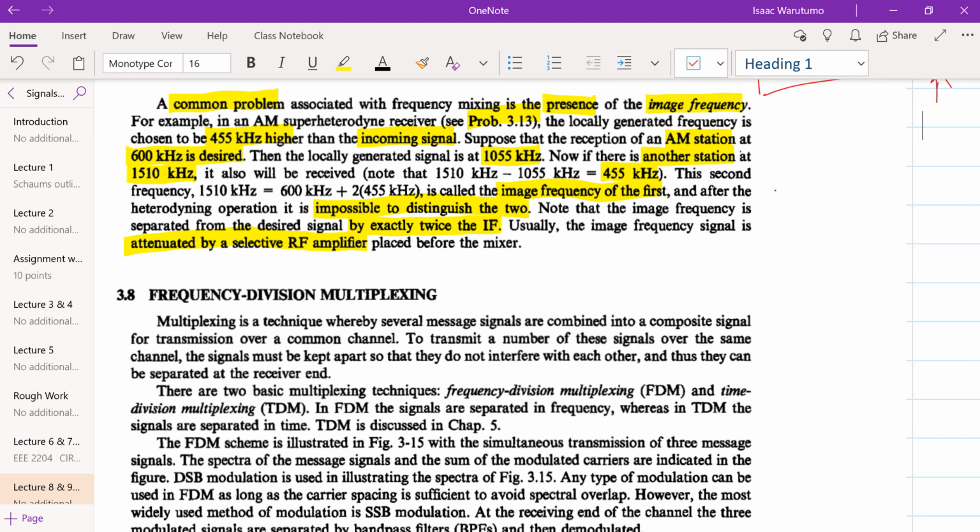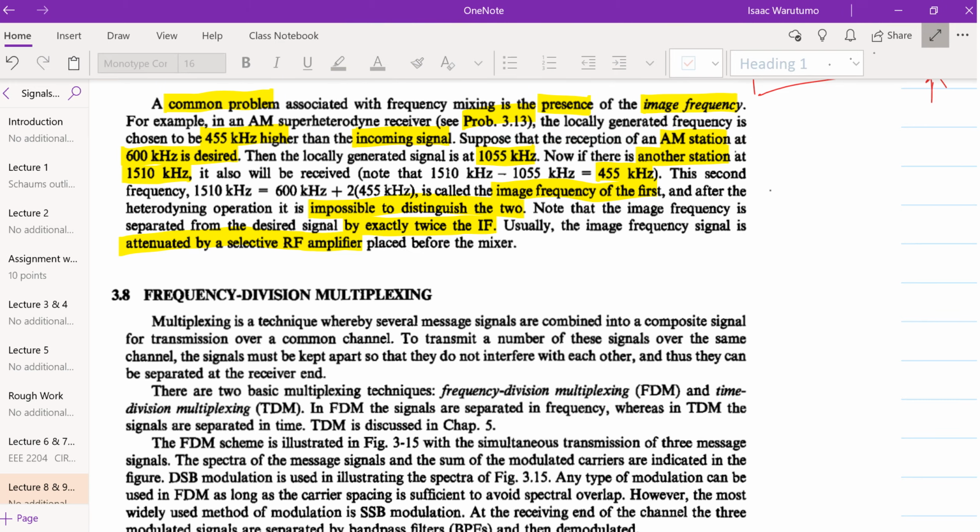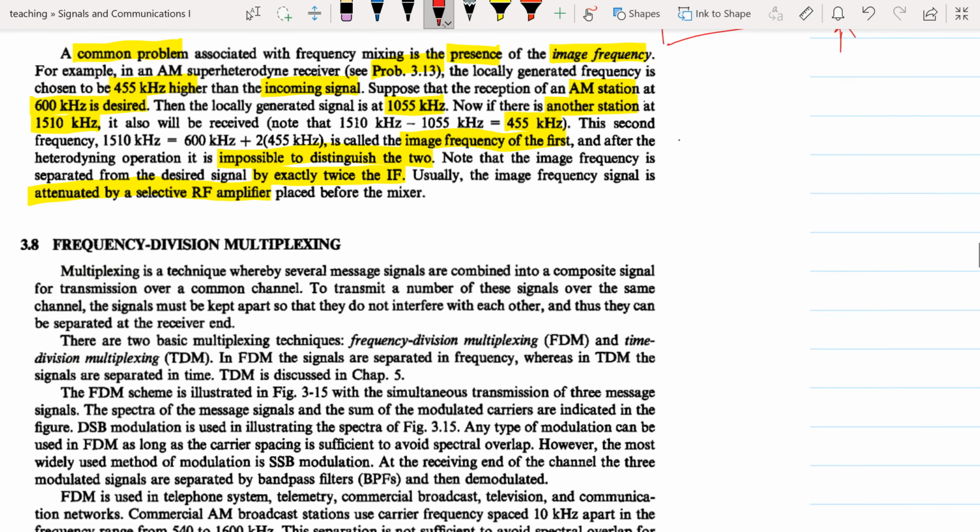Suppose we desire reception of an AM station at 600 kilohertz; what we will find is that the locally generated signal will be at 1055 kilohertz.